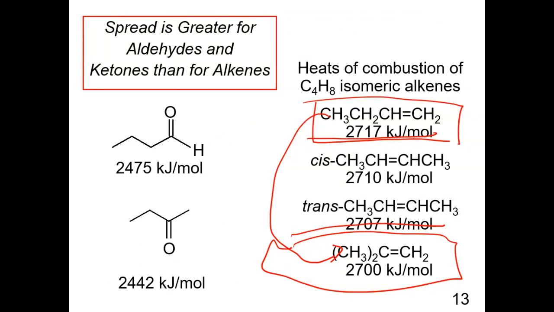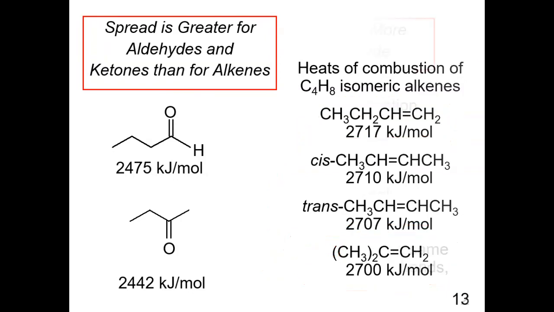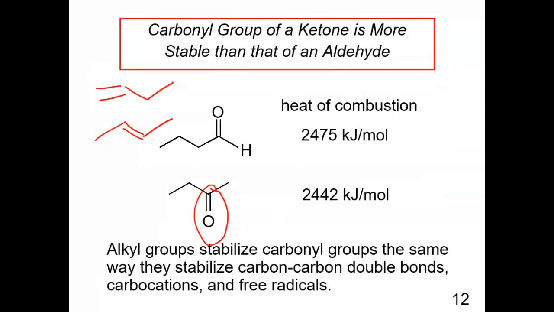That's the largest stability difference. But here we see how much? 33. So why is this one so much? It's almost double the stability difference we have seen in alkenes.